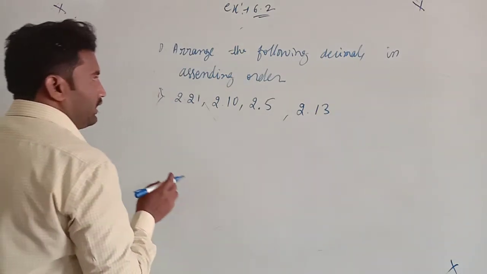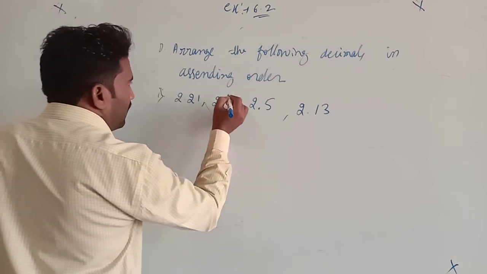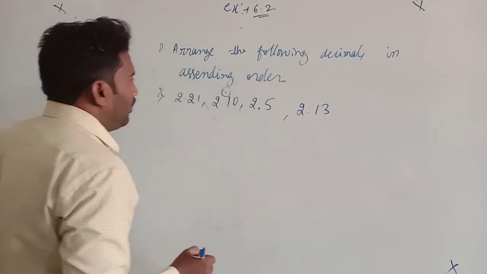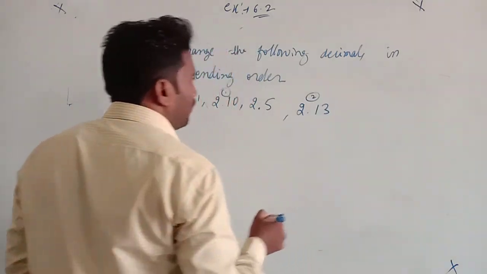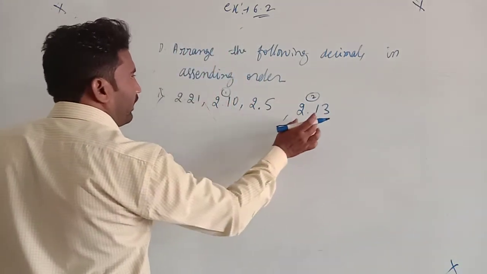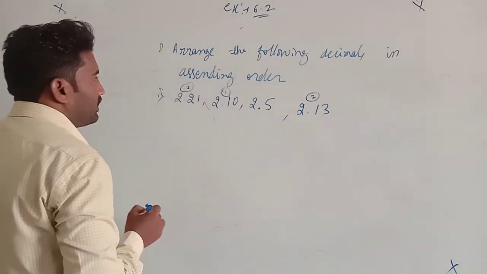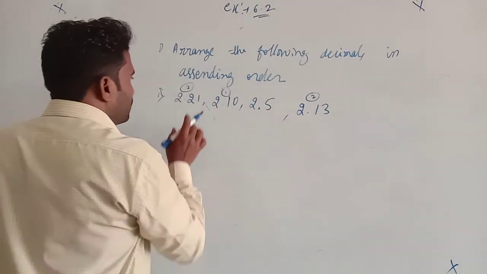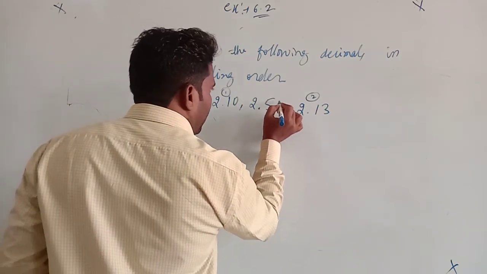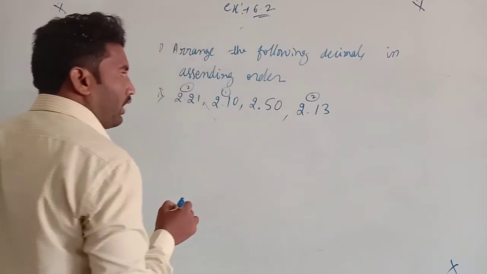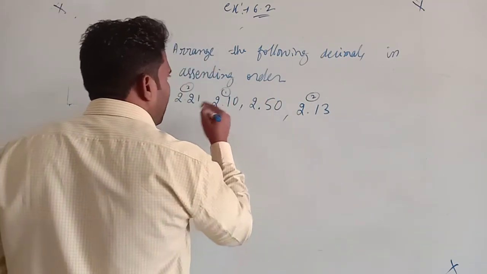So the very smallest is 2.10. Greater than 2.10 is 2.13, and greater than 2.13, in third, is 2.21. So greater than 2.21 is 2.50. We should write it as 50. So 2.50 is greater than all three.